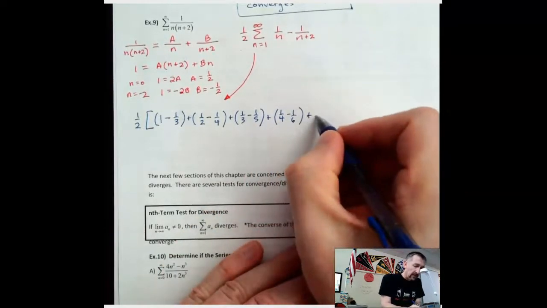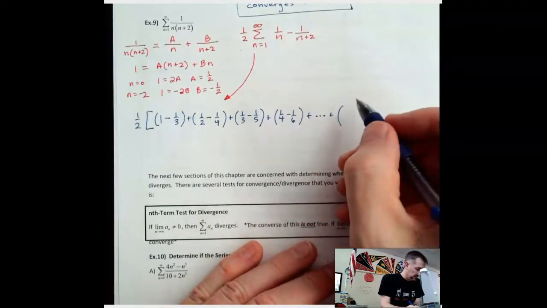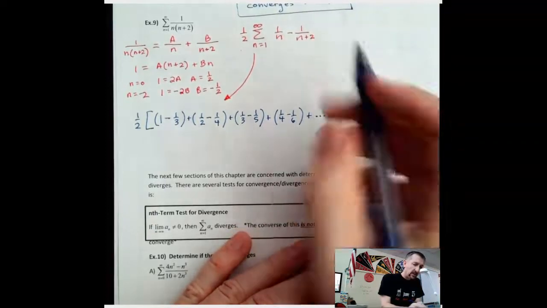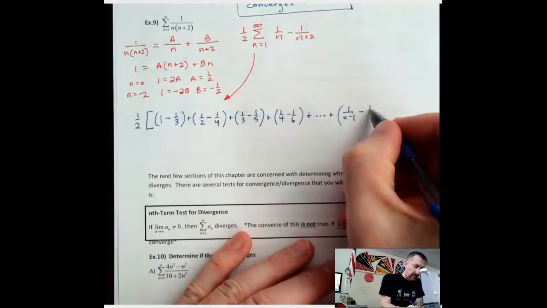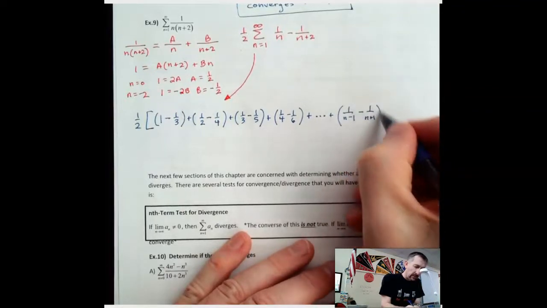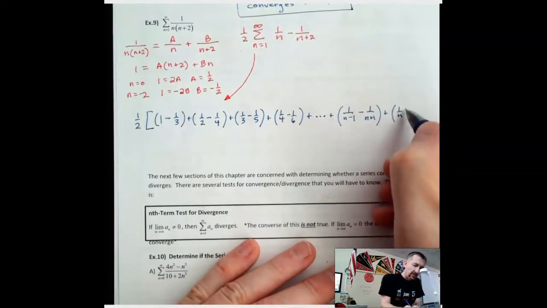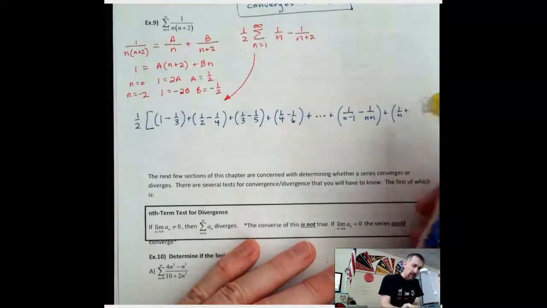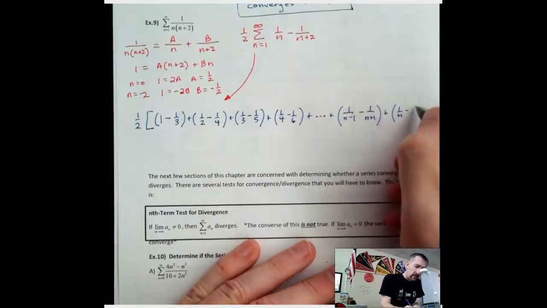Okay, now if we keep going all the way down here, then let's plug in n minus 1. So we'd have 1 over n minus 1. And then if we plug n minus 1 in here, that would be 1 over n plus 1. And then our last one, when we plug in n, we get 1 over n minus 1 over n plus 2.